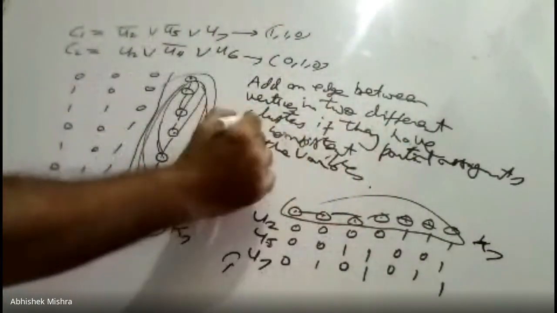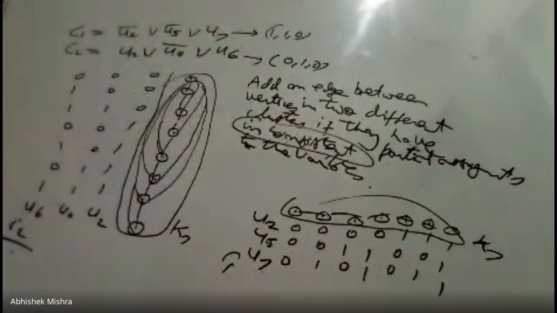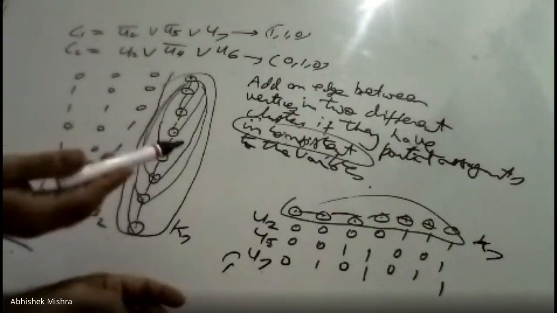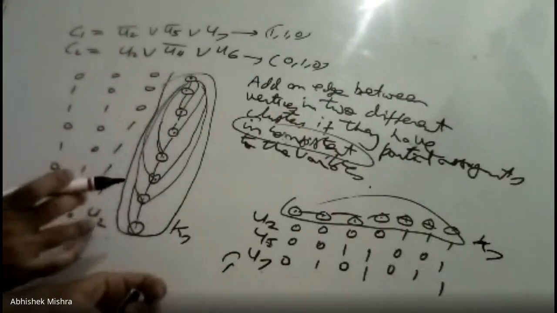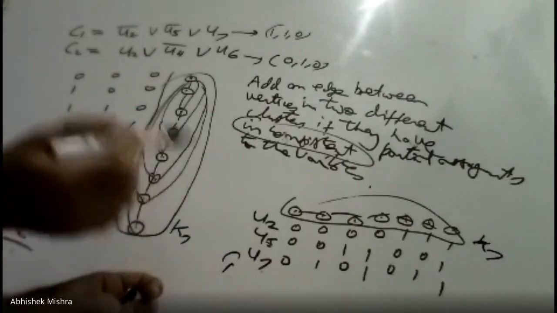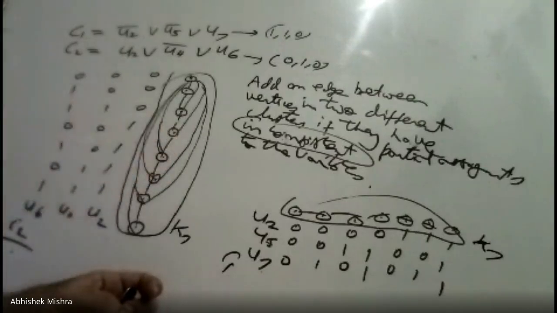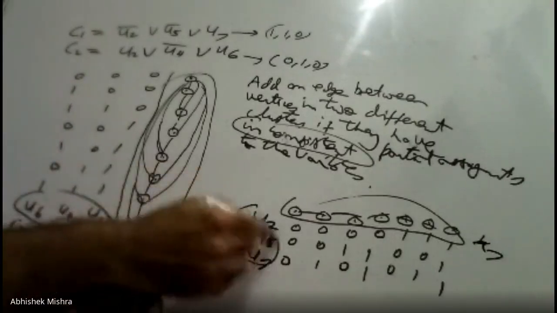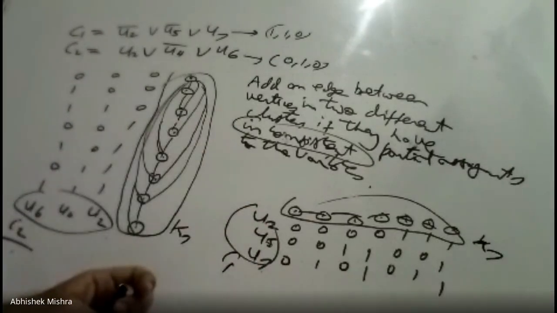Now here, what is inconsistency? It may happen that the two sets have different sets of variables. In that case, there is no inconsistency, so we will not add any edge. But suppose there is some common variable, like in this example, u2 is the common variable.